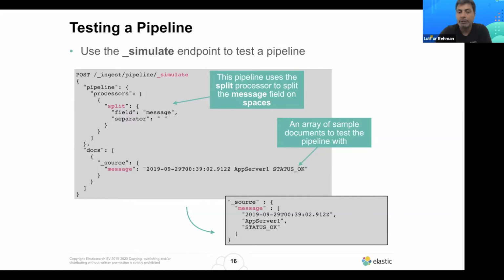But now you need to provide a sample document to see what would be the outcome on that sample document as a result of this ingest pipeline. So we have this sample document, and we can see that as a result of the split processor on the message field, where we're asking to split the values wherever it can find a space, that message field is now divided into three different values.